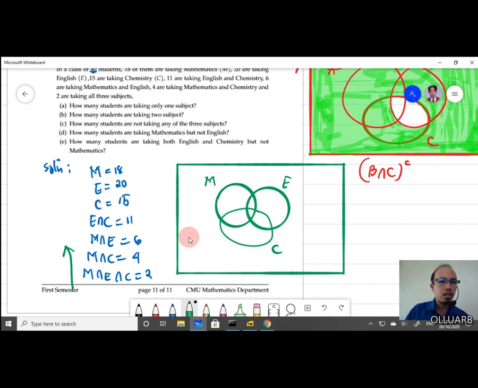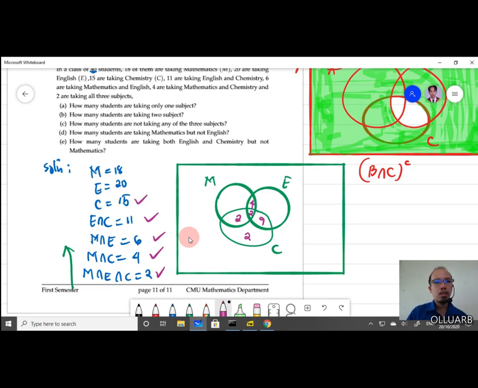Here we have 2, and then mathematics and chemistry is 4, so we have 2 here. 2 plus 2 is 4. Mathematics and English is 6, so 4 plus 2 is 6. English and chemistry is 11, so we have 9 here. 9 plus 2 we have 11. So chemistry is 15, 9, 10, 11, 12, 13, so we have 2.